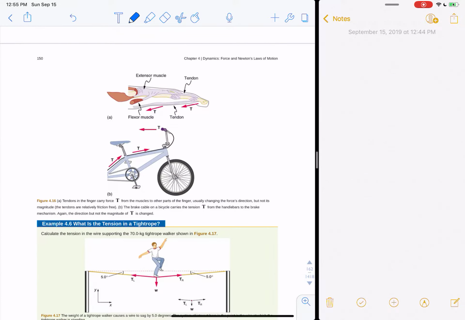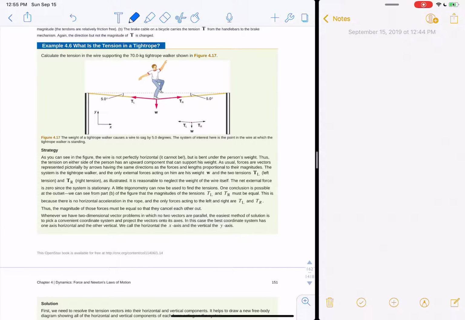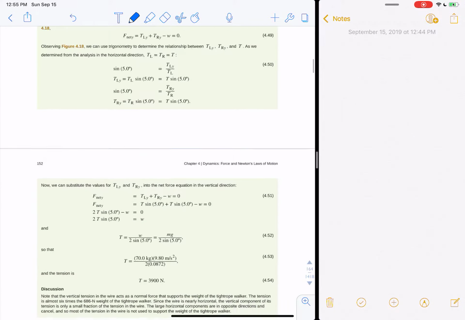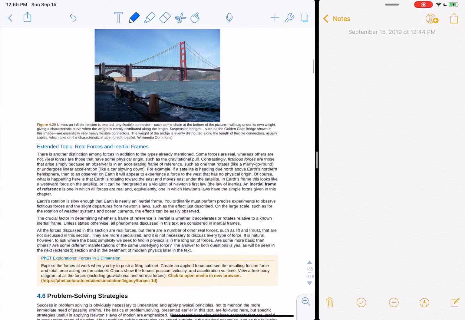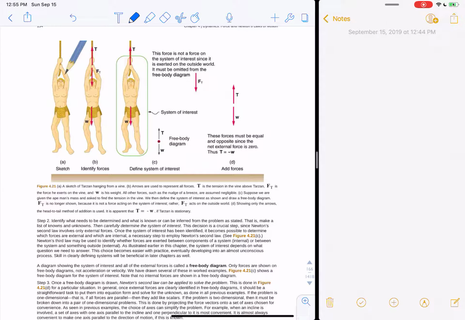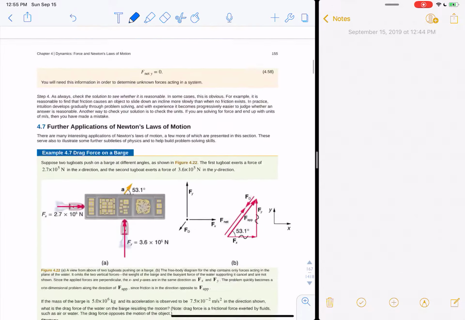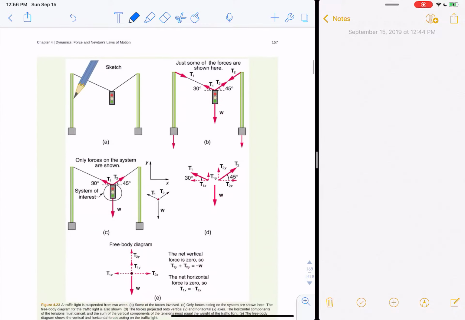All right, and then we've got some special problems here where we split everything up, and I think there's a better drawing of that down here. Okay, this is an example of a typical problem that people always have trouble with.